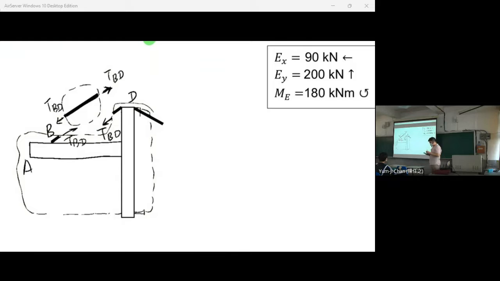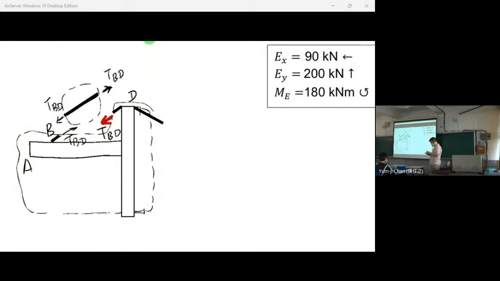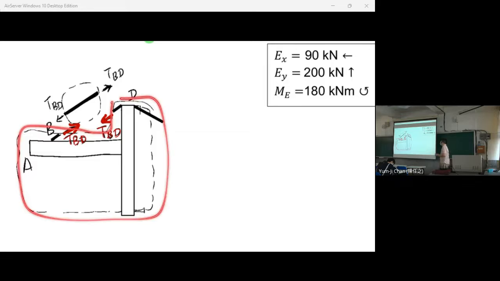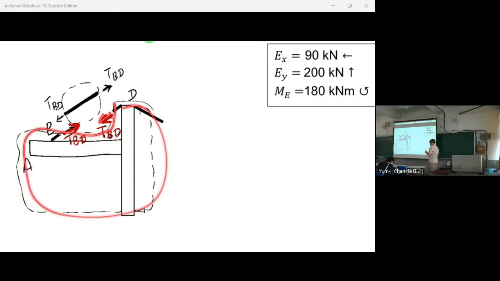That means the tension of the cable T PD will be an external force, because the cable is not a rigid body now. And the free body diagram should be drawn like this.